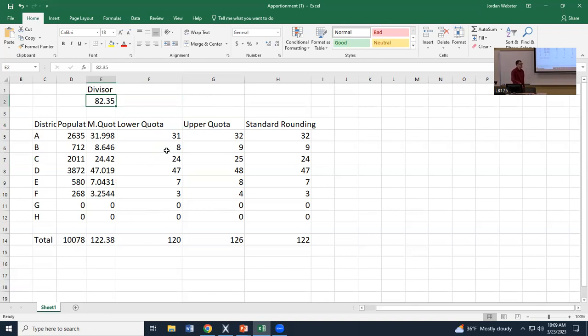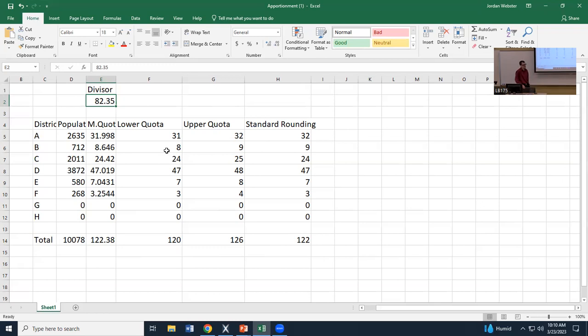So sometimes, again, this divisor can be really, really hard to find. You have to do a lot of different iterations and trials. That's going to be avoided on the test by just giving you how far away from the standard divisor it is. Like I said, the standard divisor was 83.98. So I'd say something like use a divisor that's 1.63 away from the standard divisor.